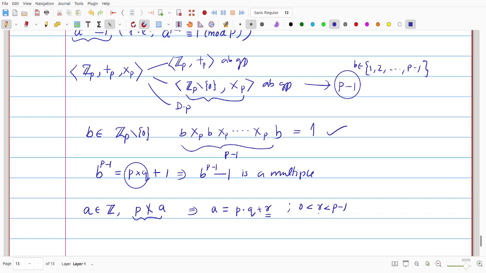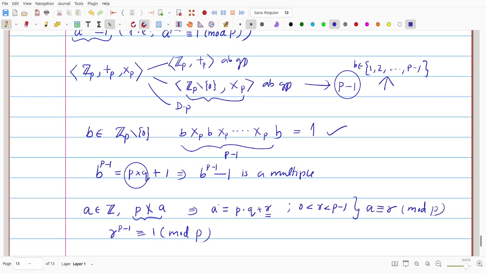So R is always a number in between 0 and P minus 1. Since R is an element in between, R is a member of this set as well. So R raised to P minus 1 minus 1, or you can write R raised to P minus 1, is congruent to 1 mod P. What is the meaning of this? R raised to P minus 1 minus 1 is a multiple of P. But we know that from this you can write A is congruent to R mod P, right?